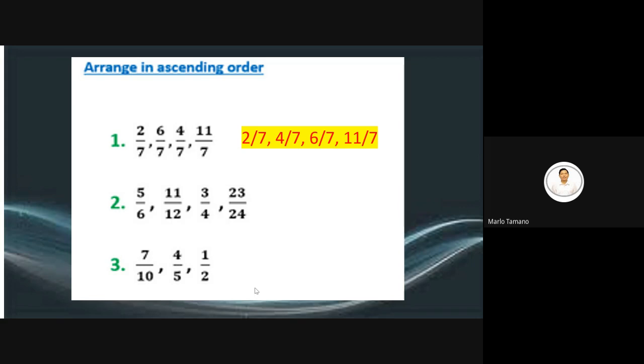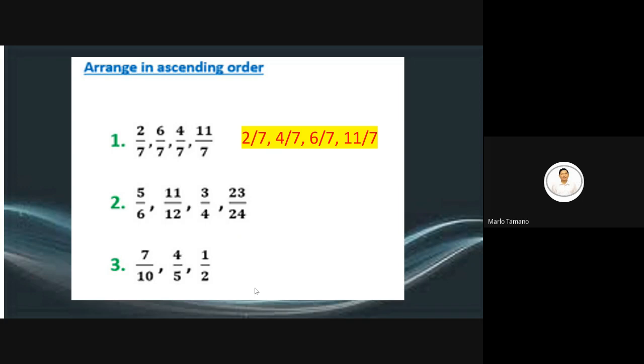Okay, that is correct. And of course, this number 2, no? This is our example, no? 3 over 4. Applying the three steps on how to arrange these similar fractions using ascending or descending orders.